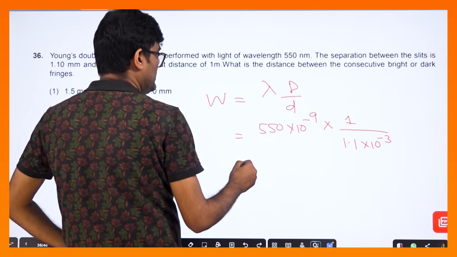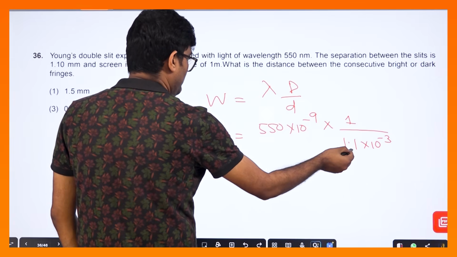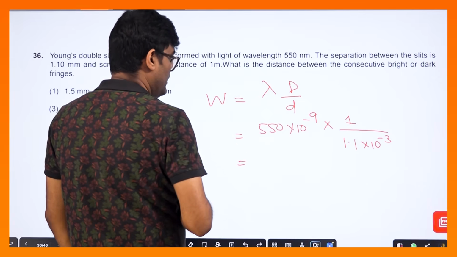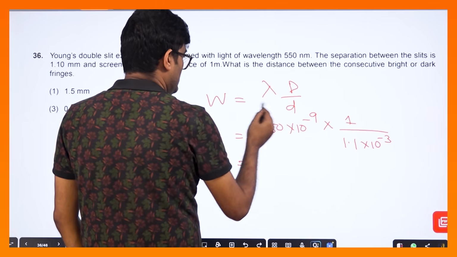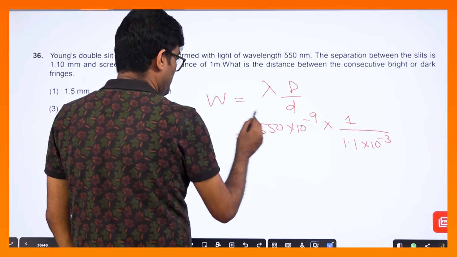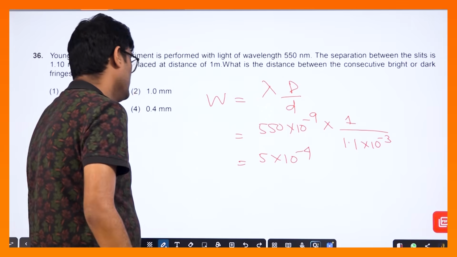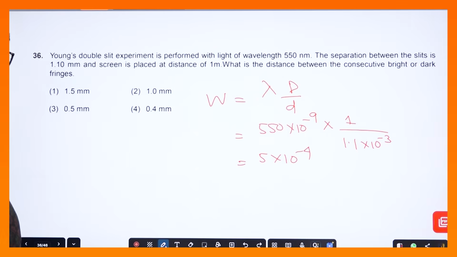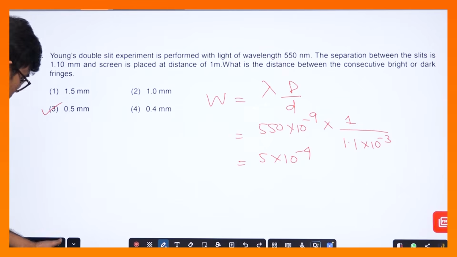Working it out, we get 5 into 10 power minus 4, which means 0.5 into 10 power minus 3. 0.5 millimeter is the correct answer for this question.